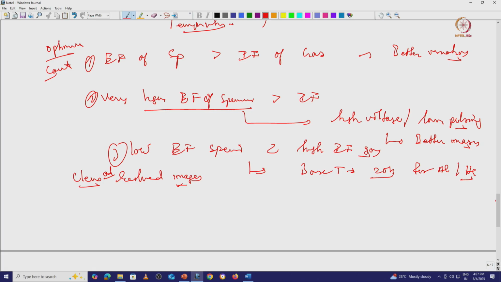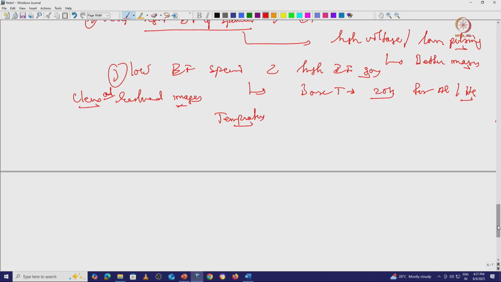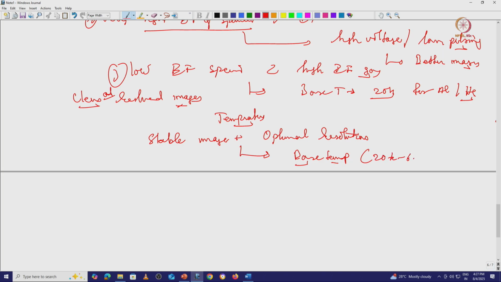Now, as I told you here, the temperature plays a very important role. A stable image plus optimal resolution can be adjusted by the base temperature, which is at cryogenic temperature between 20 Kelvin and 60 Kelvin.